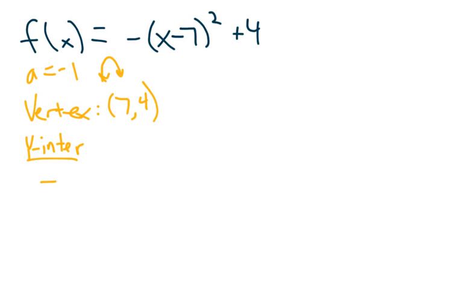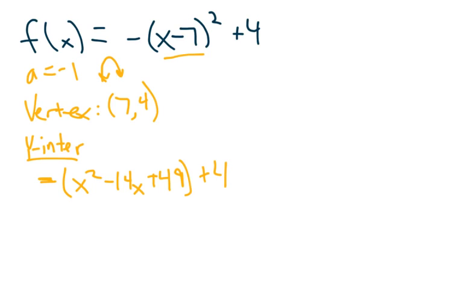And so what that means is I'm actually going to FOIL out my (x - 7) squared. And so I'll have x squared minus 14x plus 49, and then plus 4. Now I'm keeping parentheses around because I have the negative sign right out here.